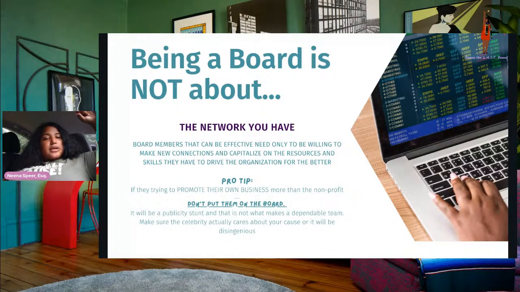Being on a board is about how you can drive change. Trying to make the organization better. What can you do? What can you do? What are your skills? And whatever those skills are, not who do you know all the time. Okay? Who do you know is only going to get us so far. We want people that see us as a meaningful change agent.